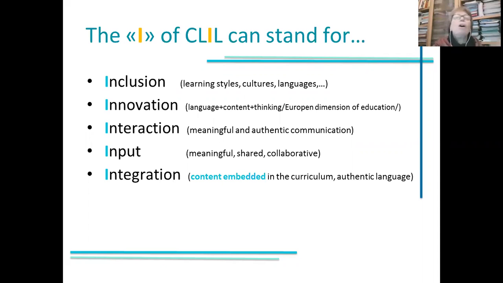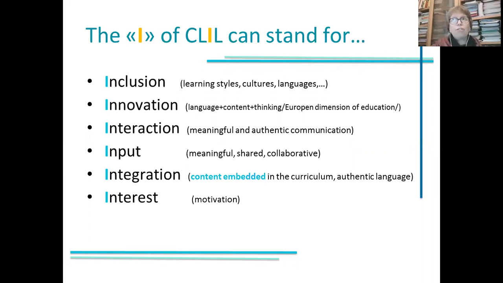I can't say, oh no, doing the water cycle in English is too difficult at year 3, I will do it at year 5. This is not CLIL. CLIL means that the content I'm dealing with through another language is in the curriculum at that time and for that age range.